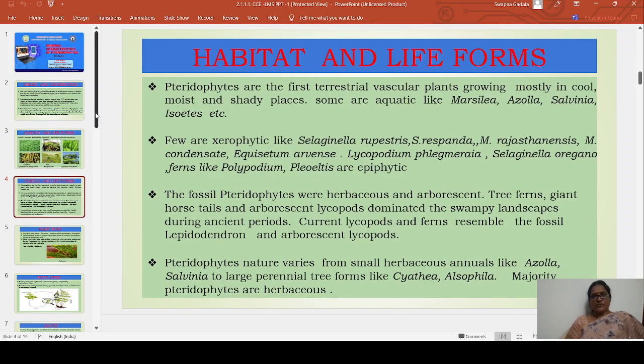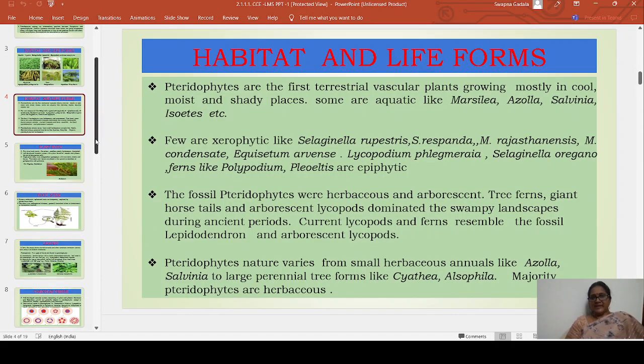Let us know something more about the habitat and life forms in Pteridophyta. Pteridophytes are the first land plants, the first terrestrial plants, and they have a well-developed vascular system. Generally, all the pteridophytic plants grow in cool and shady places. Some are aquatic, like Marsilea and Azolla, which we have seen in the previous slide.